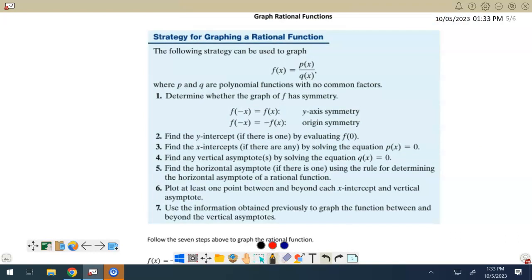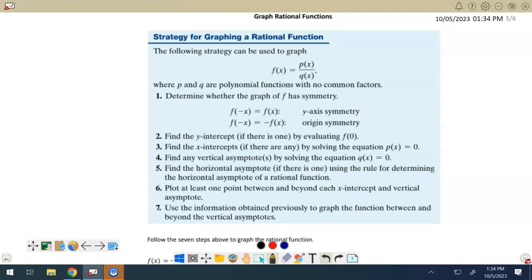The asymptotes play a very important role in the shape of the graph. So if we want to graph these rational functions, we have to know where the asymptotes are located, and then we have to plot some points, and then we draw the graph connecting the points and approaching the asymptotes without crossing or touching. That is our basic goal.